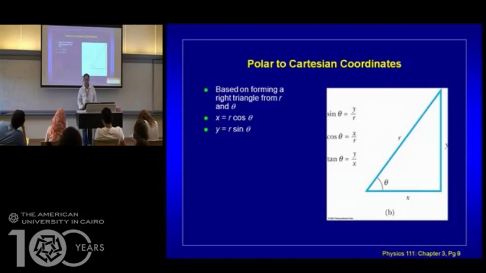Someone will say, if I choose my angle theta to be the angle between the y-axis and the vector, can we still transform from a polar to a Cartesian coordinate system? Yes. But in that case, y will equal r cosine theta, and x will equal r sine theta.